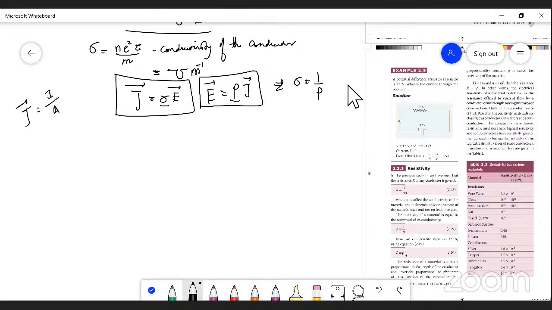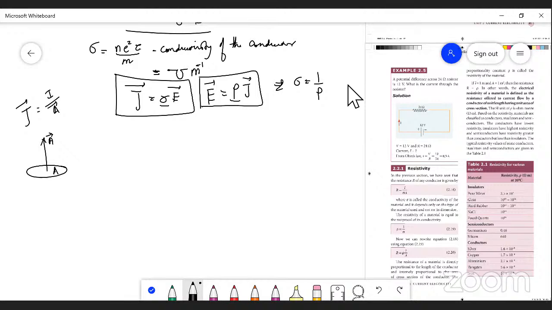If any quantity must be considered as a vector quantity, then the quantity should obey all the vector laws, but the current does not obey the vector law of addition. So current is taken to the scalar category, but area is a vector quantity. The normal drawn to the area denotes the direction of the area vector. If I am drawing this as the normal, or A vector, then this gives you the direction of area vector. So J vector is equal to I divided by A vector, and here this J vector acts along the direction of area vector. This is how we have considered.